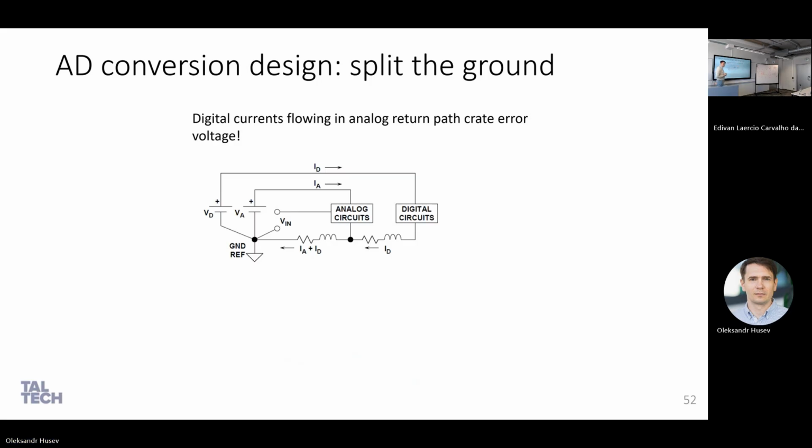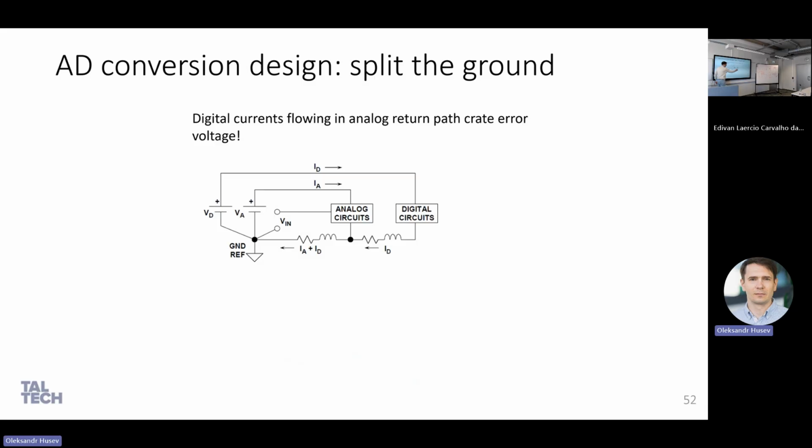See? And if we have analog, you measure something like this, but in case of digital, you have something like this. I mean, high switching frequency, right? But if you have impedance here, in case of common ground, this impedance will make distortion in your measurements. Is it clear why?